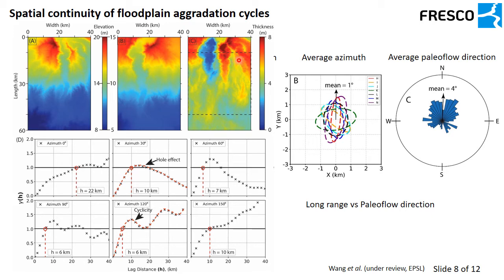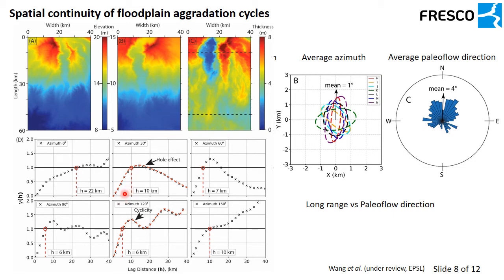Okay, now we apply the variogram analysis over this area, which is not too upstream, not too downstream. Then, interestingly, we see this long range of 22 kilometers in the azimuth of 0 degrees, basically the down valley direction. Then the short range is in the azimuth of 90 degrees, that's just the cross valley direction.